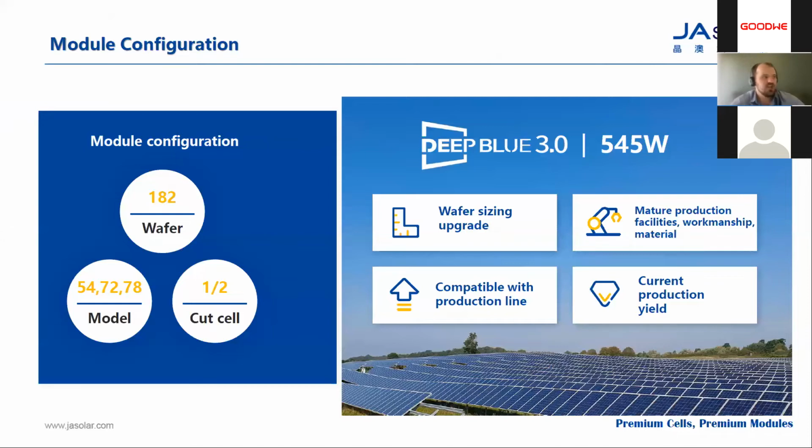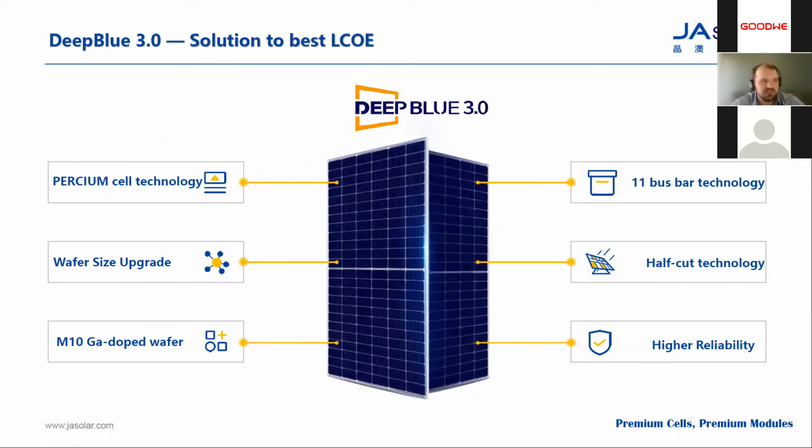Okay, so to jump into the module configuration itself, we'll be specifically looking at the 182 millimeter half cut cell. Now, some of the advantages of the cell is we have PERC cell technology, which is a more high efficiency technology for our modules itself. There's 11 busbars on the modules itself. Half cut technology.